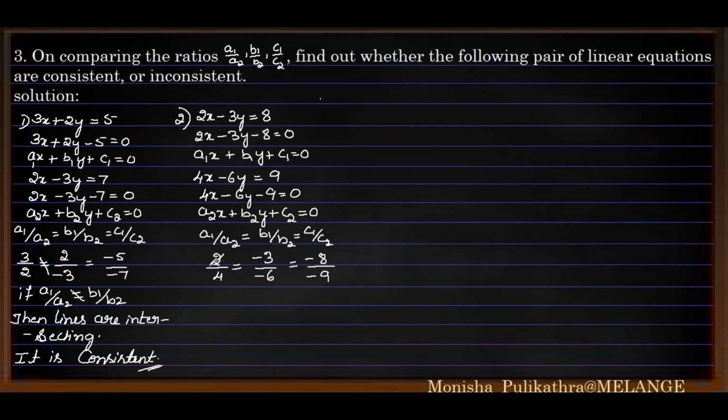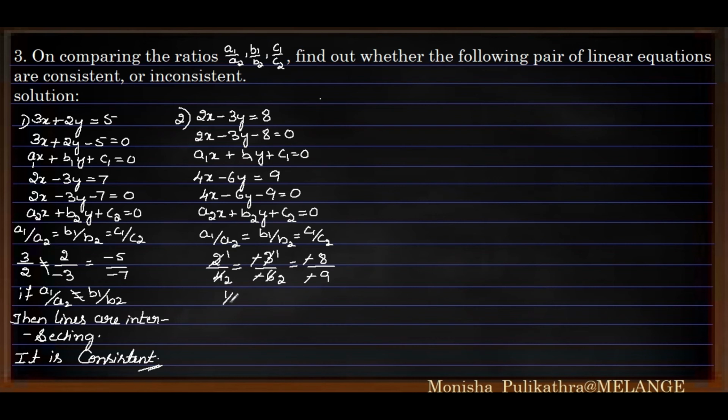Okay, so here 2 1s are 2, 2 2s are 4, here minus minus cancels each other, so 3 1s are 3, 3 2s are 6, but we can't divide these 2 numbers, because they are not divisible by a single digit.